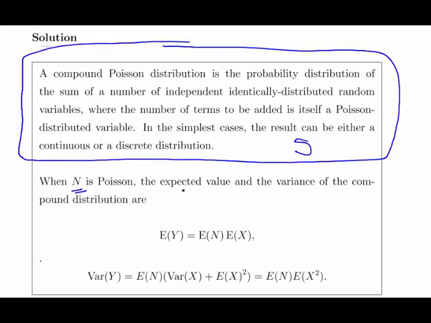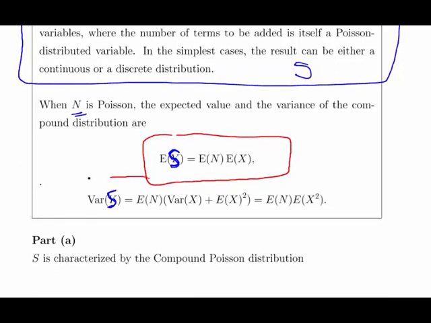N is Poisson. And we have the expected value and variance of the compound distribution when N is Poisson. Here we're using Y just as general notation, but I'll change it to S to stay consistent with what we're doing. In this video, we'll take it as read that you're allowed to just give these definitions.